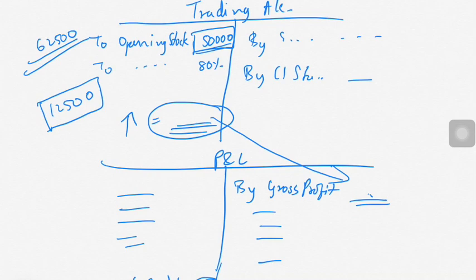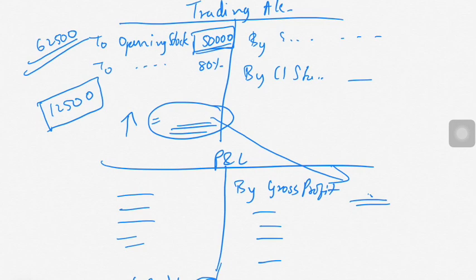I repeat again. Opening stock is supposed to be 62,500, but Mr. Sachin has shown opening stock to be 50,000. Instead of 62,500, he has written 50,000. He is showing less, so opening stock is understated by 12,500.